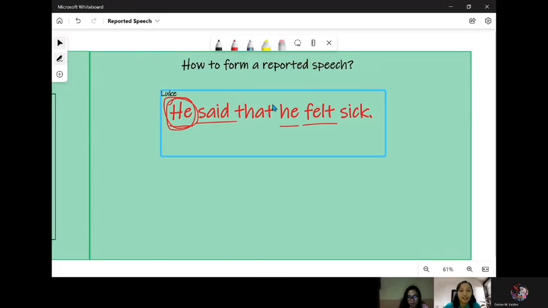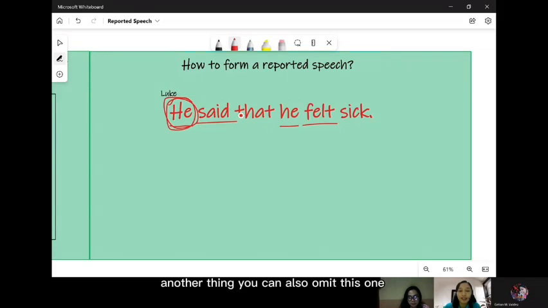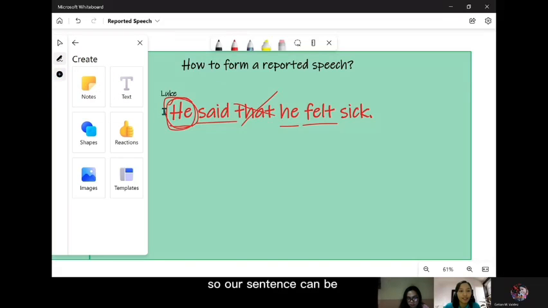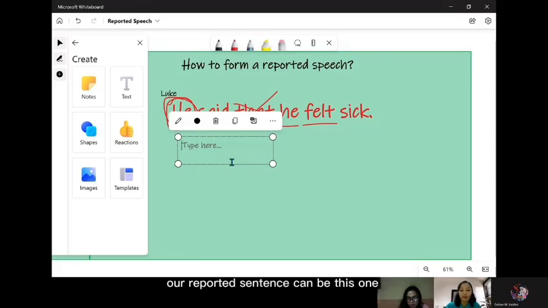Okay. Then another thing, you can also omit this one. The that here is actually optional. So our reported sentence can be this one: said he felt sick.